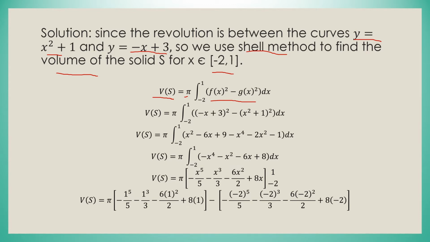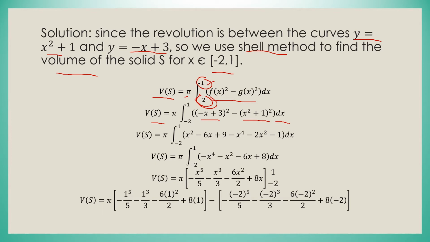So we have the volume of S equals pi times the integral of (negative x plus 3) raised to 2 minus (x squared plus 1) raised to 2 dx. Remember, we have the upper limit and the lower limit. The value of the lower limit is negative 2 and the value of our upper limit is 1.